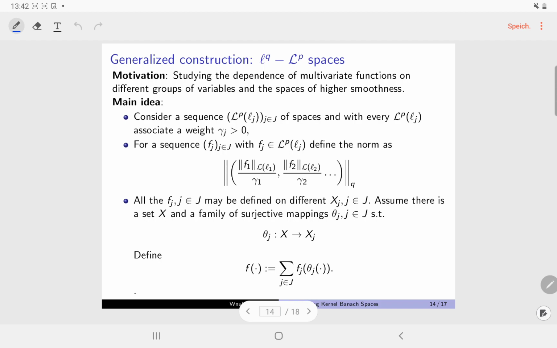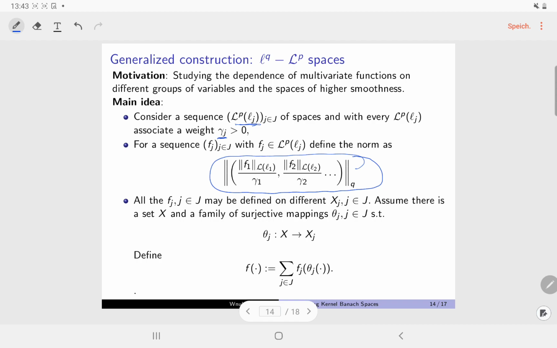And the sequence is indexed by some set J. And for every such space, we have a positive weight gamma J. Now, on such a sequence space, we define the norm just by taking the small LQ norm of weighted norms in the LP spaces.